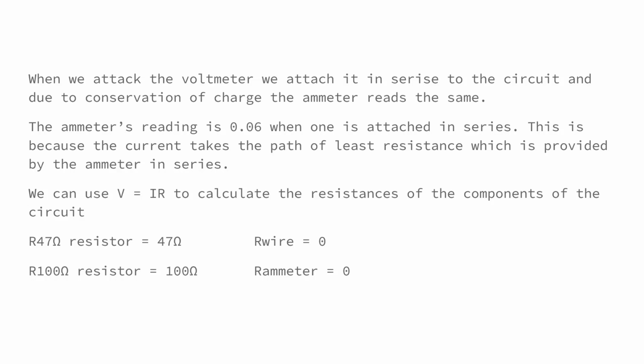So, the 47 ohm resistor had a resistance of 47, the 100 ohm resistor had a resistance of 100, and the wire and the ammeter both had 0. These resistances were found using the voltages and the amps produced by our previous measurements.